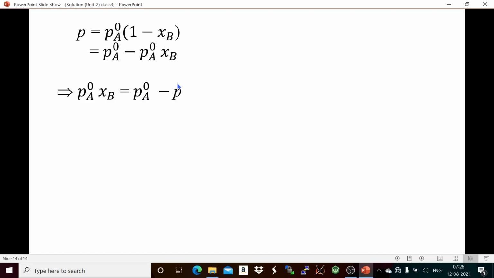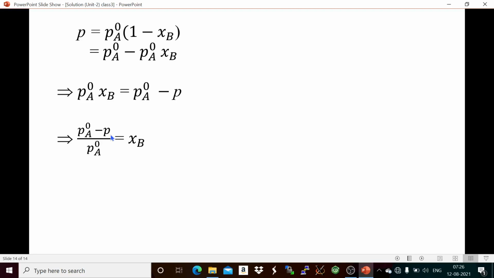In solution the vapor pressure decreases, so PA naught minus P is known as the lowering of vapor pressure. So when we dissolve a non-volatile solute in a volatile solvent, this lowering of vapor pressure is shown by PA naught minus P, or sometimes you can write PA naught minus PA, because PA and the total P will be the same.